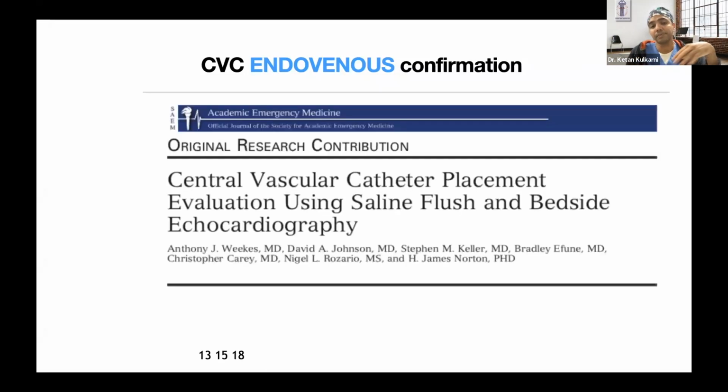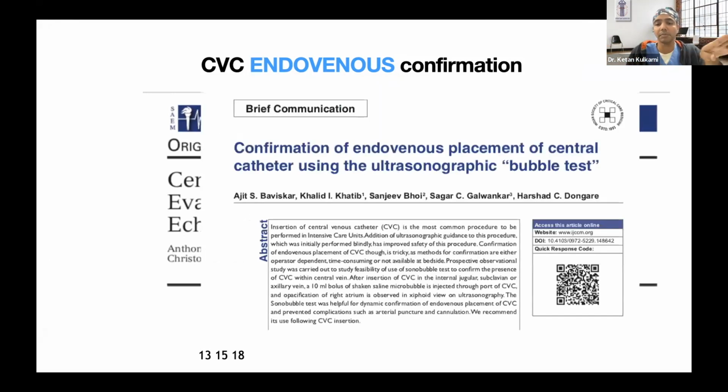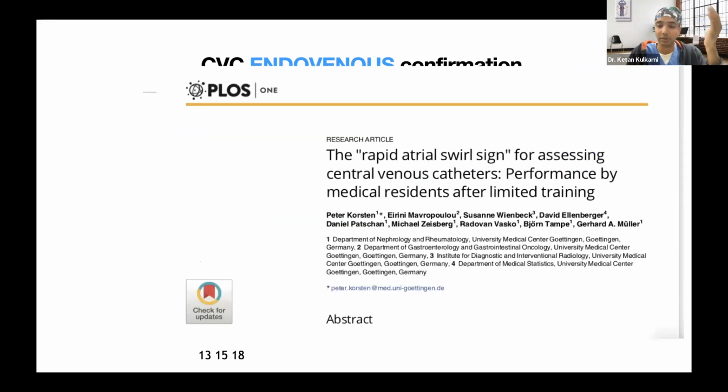However, there are many studies published on this. People call it a saline flush. Some people have called it a bubble test. Some people have called it RAS, or rapid atrial swirl sign. Long story short, many names, the thing is the same. You squirt agitated saline and see what is coming into the right atrium.